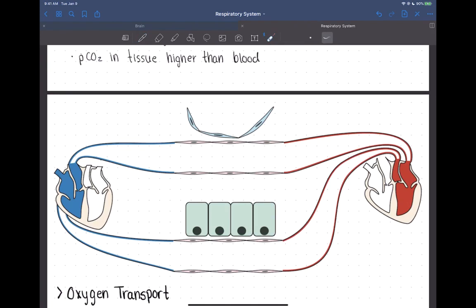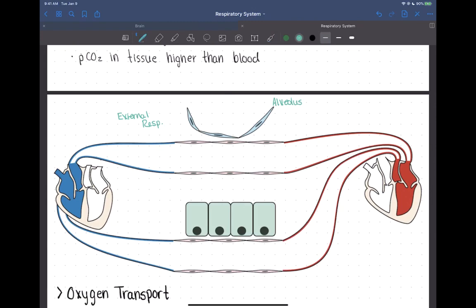And so what we're looking at here, just label a couple things. This would be an alveolus. All right, so we would have external respiration up here. All right, and so then we have the blood, after it picks up its oxygen, becomes oxygenated, travels through the left side of the heart and out through the aorta to the tissues.